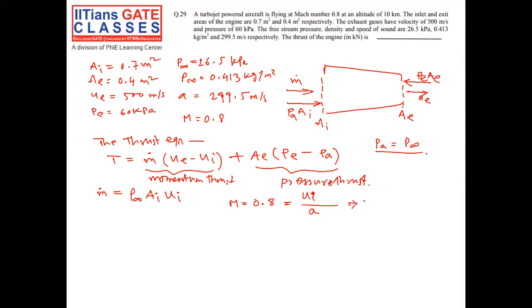So from this we get UI as 0.8 into 299.5 meter per second, which will come something around 239.6 meter per second.